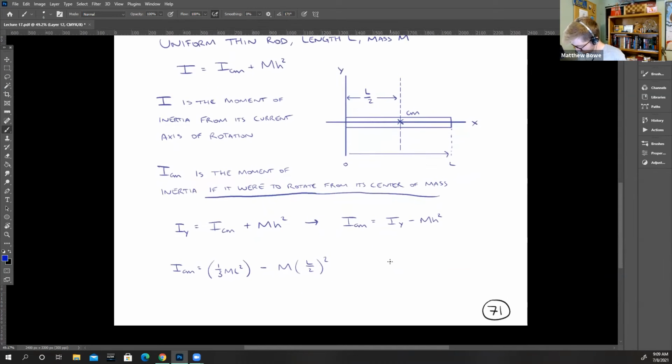We get the moment of inertia of a uniform thin rod, length L, mass m. Moment of inertia about the center of mass is 1/12 m l squared.